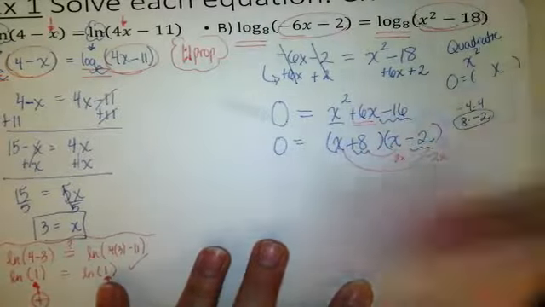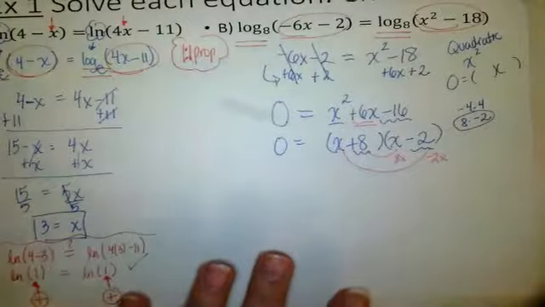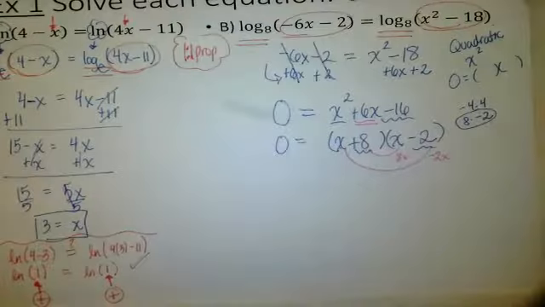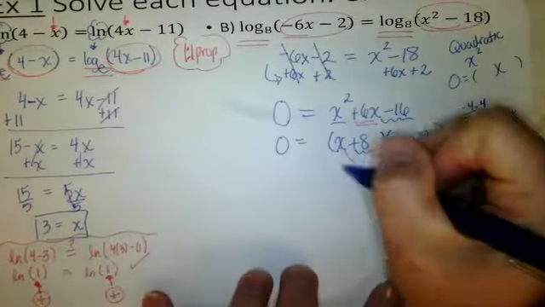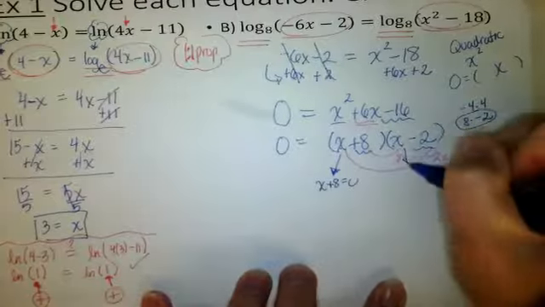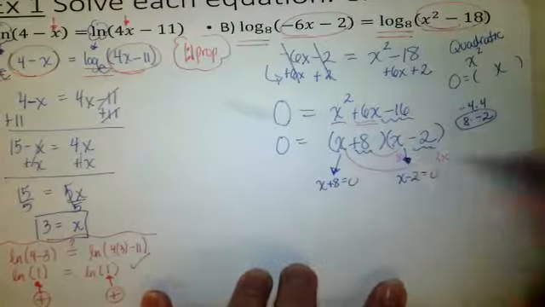And that middle term works when we check the rainbow. All right, what do you do next? Okay. You set each bubble equal to 0. X minus 2 equals 0. X plus 8 equals 0.